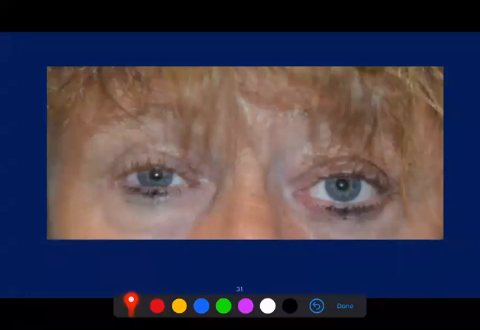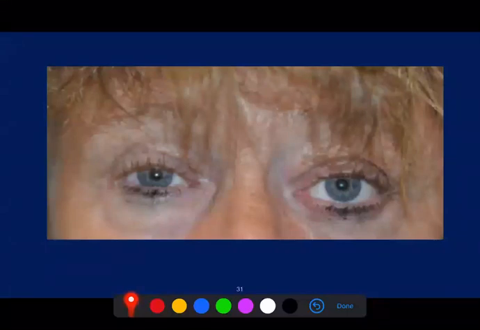So she has vision of 20/100 and there is an APD. The optic disc is paler compared to the other eye. We're talking about the left eye.